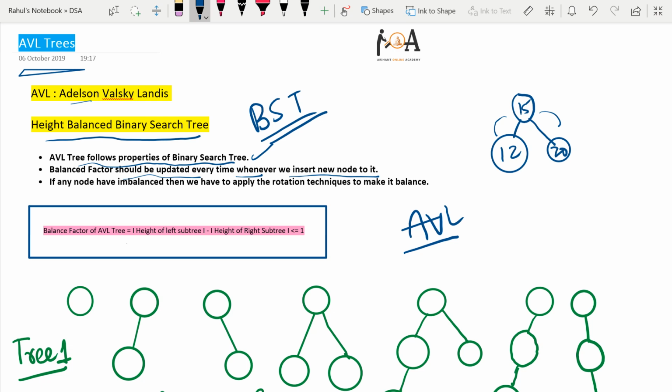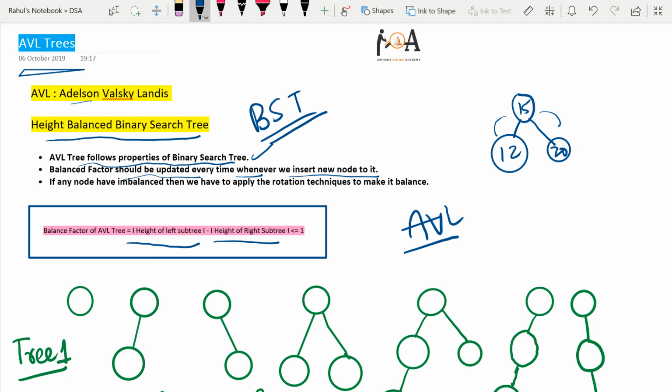The balance factor is the height of the left subtree minus the height of the right subtree, and it should be less than or equal to 1. It should not be greater than 1 and it should not be less than minus 1. We will see some examples of trees so that how to calculate the balance factor will be clear to you.